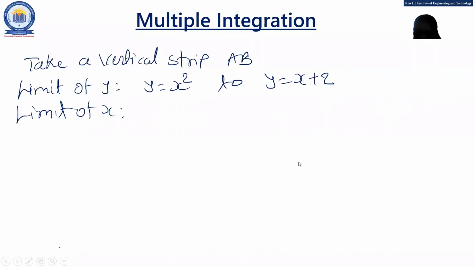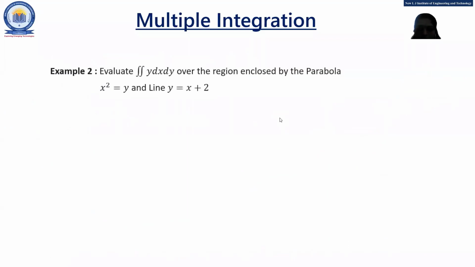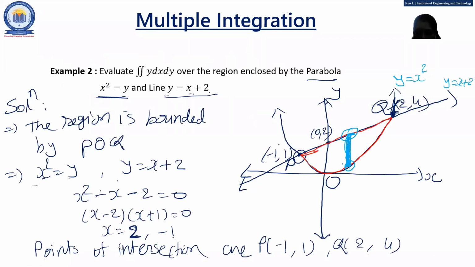You have to find, see, this is the most important point. For the limit of x, your region's leftmost point and your region's rightmost point. Your leftmost point, what is the x value? -1. And rightmost point, what is the x value? 2, right?